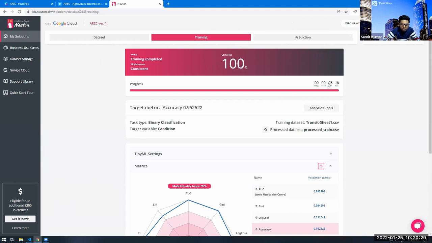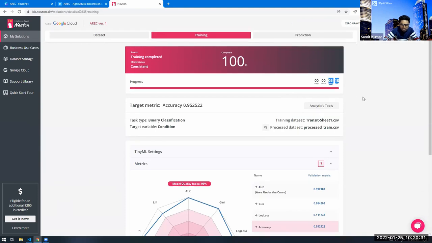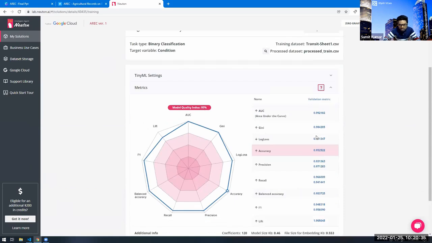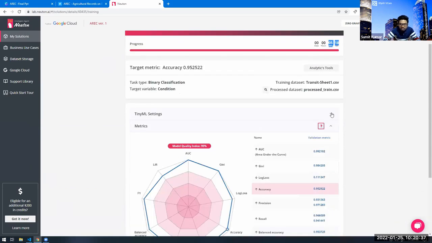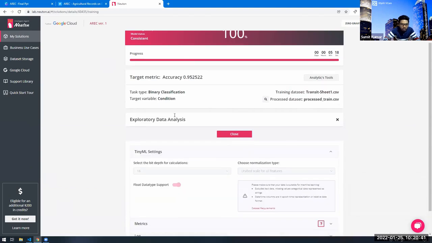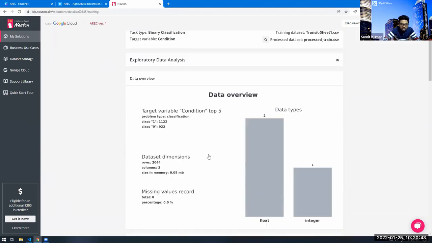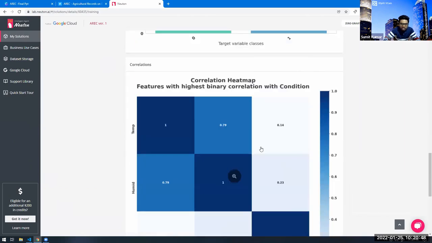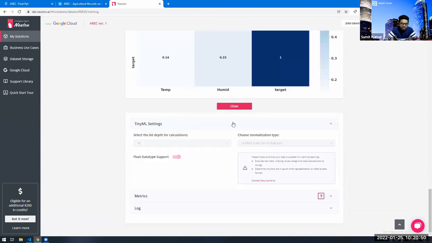So the training took 5 minutes and 18 seconds. So this is my training result. It was quite accurate, 95% accuracy. And the other thing is you get a good advantage of checking your progress over the training, and the heat maps and correlation maps. So that's quite cool.